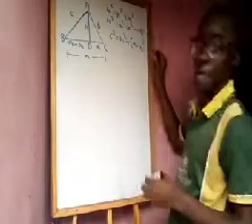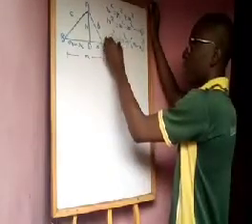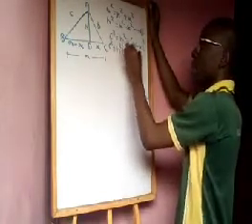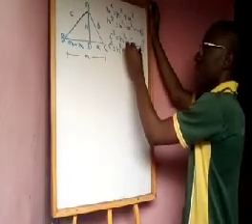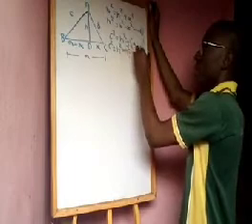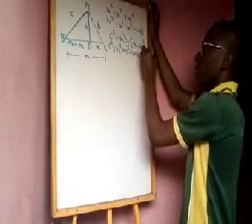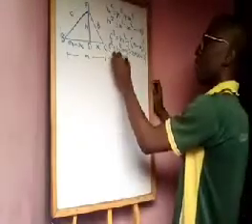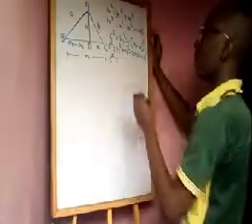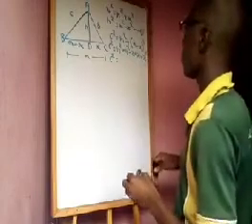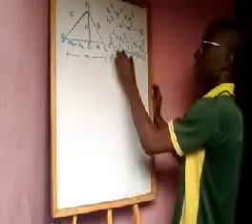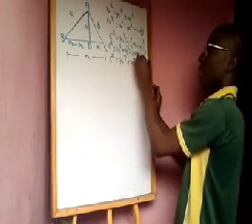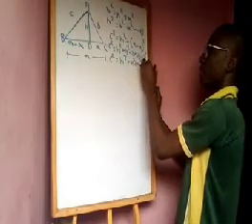Now when we expand A minus X squared, we will have H square plus, when we expand this, A square minus 2AX plus X square. That means C square equals H square plus X square plus A square minus 2AX.